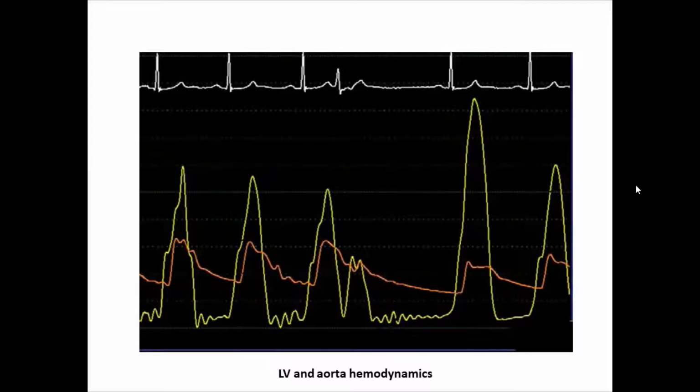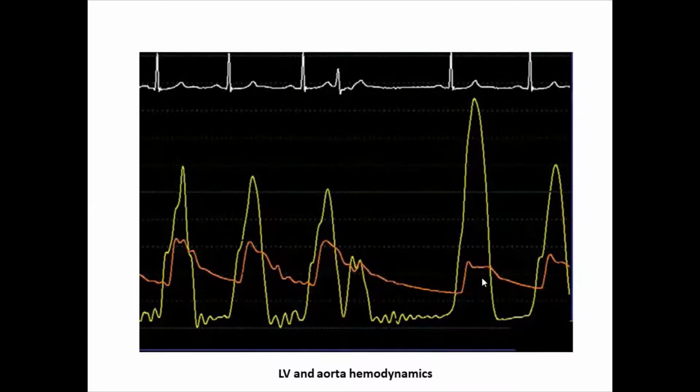There is significant systolic gradient between LV and aorta. Even in the aorta, there is variation in the systolic peak. You mean pre-PVC and post-PVC? Yes, so let us concentrate before the PVC. Before the PVC, there is a systolic gradient between the aorta and LV.